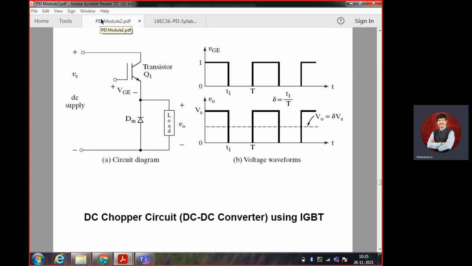Assume VDC is 10 volts. Some 10 volts are added. VDC, the input voltage, is 10 volts. T on is 5 seconds. T off is 5 seconds.